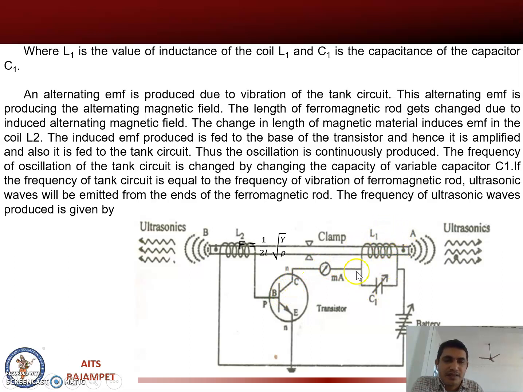We can call it the tank circuit, and this is the variable capacitor, and another end of this tank circuit is connected to the battery, and another end of L2 is connected to the emitter of the transistor and ground.